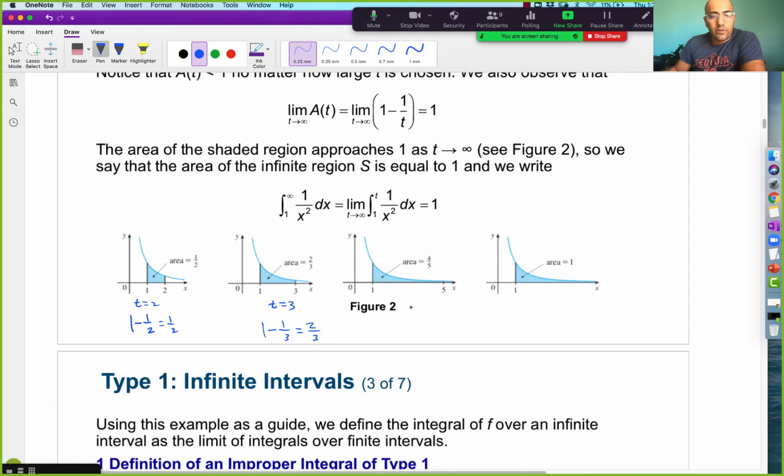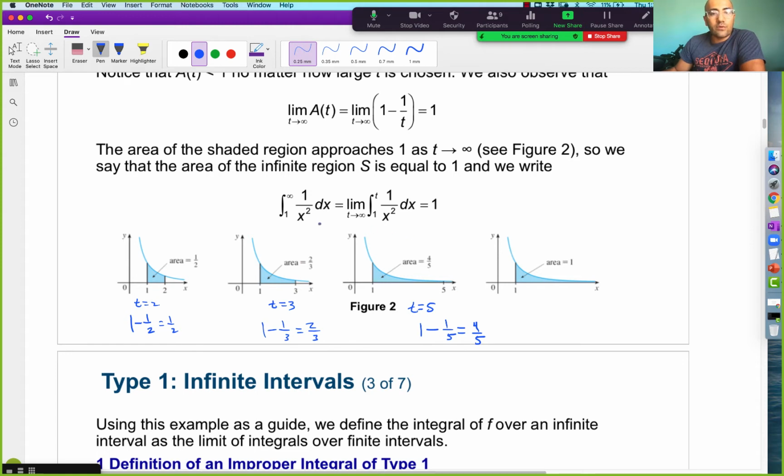When t equals 5, we get that the whole area equals 1 minus 1 over 5, which is equal to 4/5. So for any specific value of t, we can get the exact area.